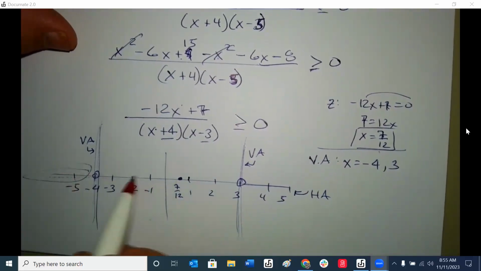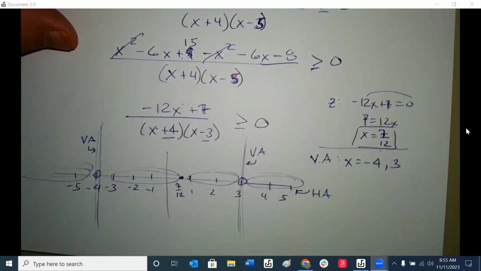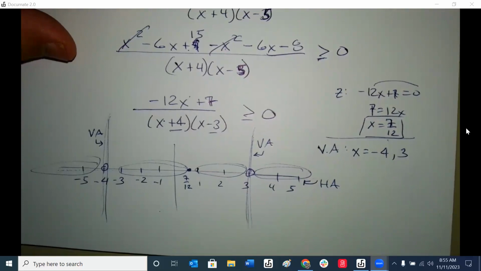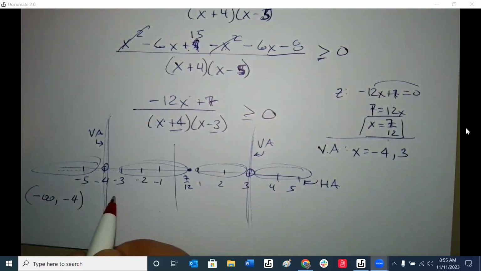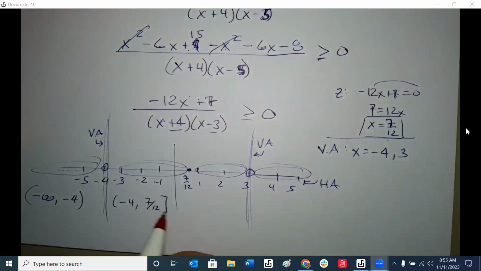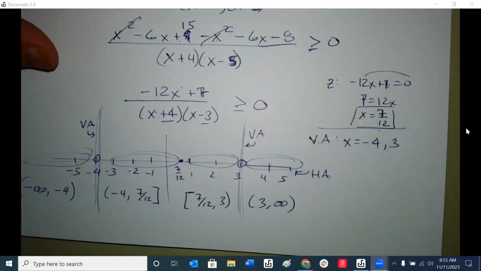Let's look at my intervals. We have those 4 intervals. From negative infinity to negative 4. From negative 4 to 7/12. From 7/12 to 3. And then from 3 to positive infinity.